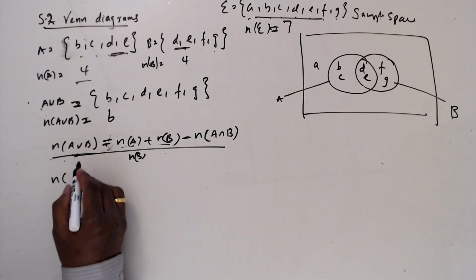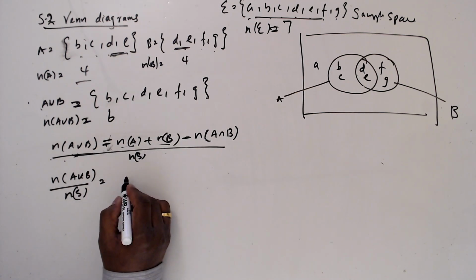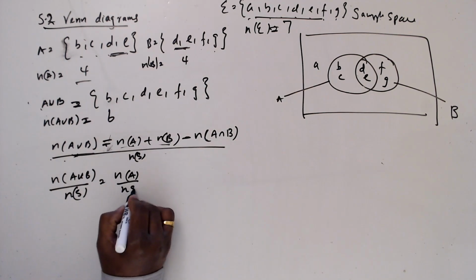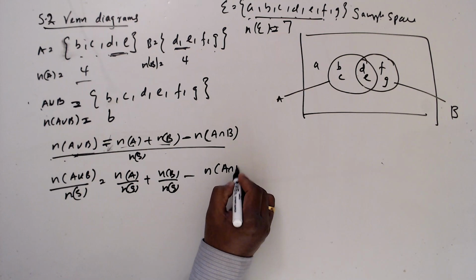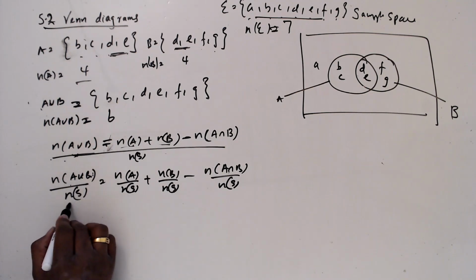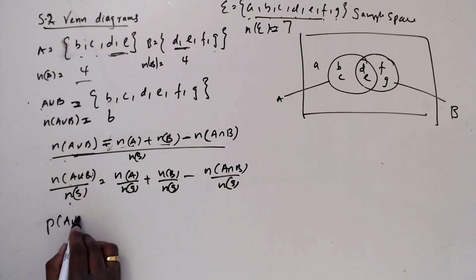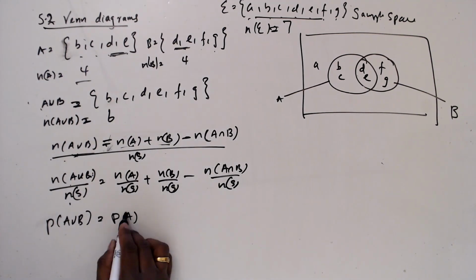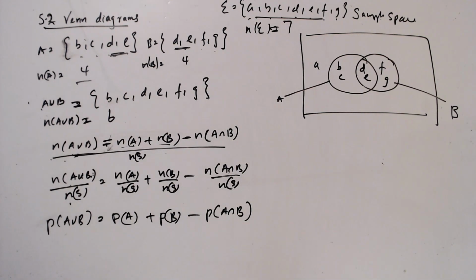So N of A union B divided by N of S equals NA divided by N of S plus NB divided by N of S minus N of A intersection B divided by N of S. Each of these is a number, so I can write the probability of A union B equals probability of A plus probability of B minus probability of A intersection B.